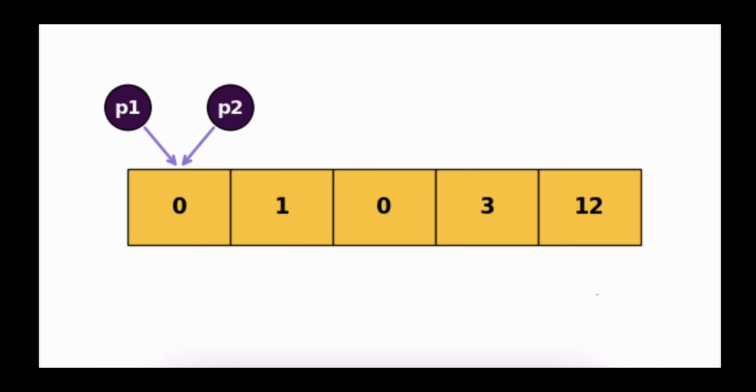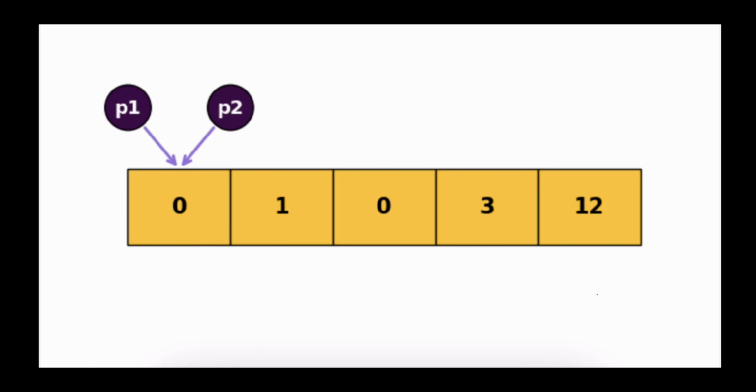Okay, so we are moving P2 until the last element in our array, and every time the value at pointer 2 is not 0, we swap the values at pointer 1 and pointer 2. So at the first step, P1 is 0, P2 is 0, and then we move P2 by 1.